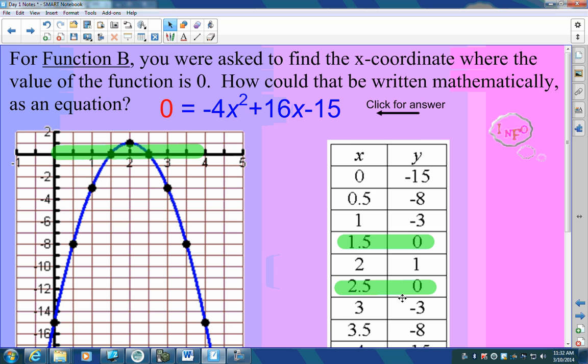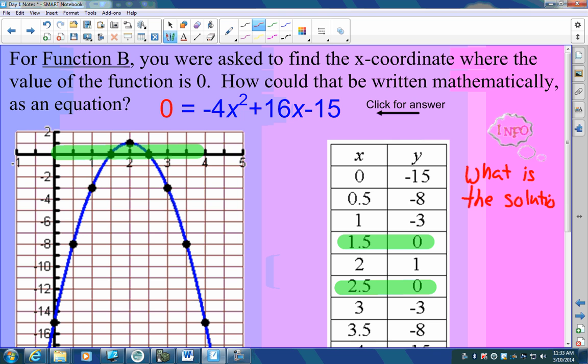Now, what if I asked you, this is not on your paper, but what is the solution when f of x equals negative 8? What would you do?